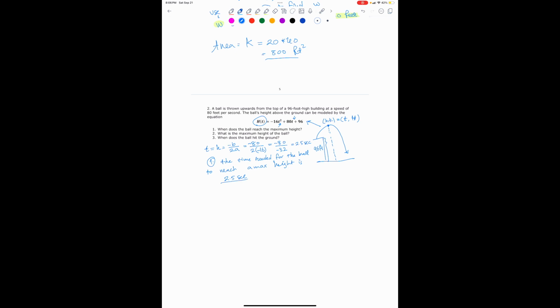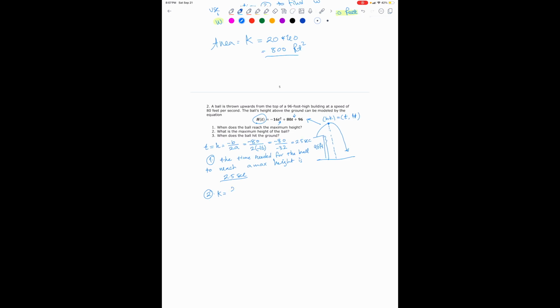What is the maximum height of the ball? The maximum height of the ball is the k value, which is going to happen when the time is 2.5 seconds. So to answer question number 2, we're going to find the k value, which is basically the maximum height. So k is going to be h of 2.5, which will be negative 16 times 2.5 squared plus 80 times 2.5 plus 96.